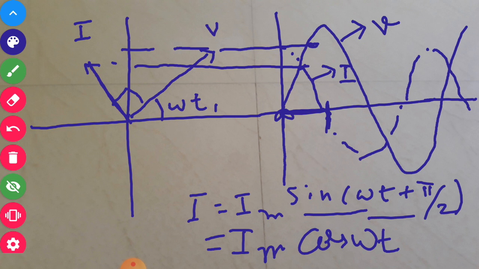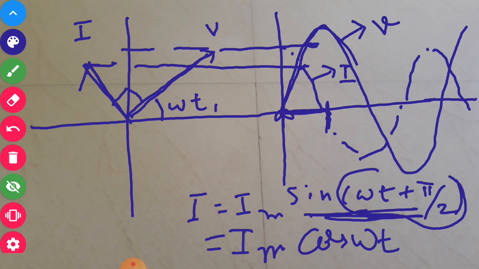So this way, first of all you have to draw the phasor of voltage, then at 90 degrees the phasor of current. So these two phasors are obtained. Now for voltage it is a sine curve only, so we always draw the sine curve for voltage. For current it is sin(omega t plus pi by 2), so it is a cosine curve. The cosine curve begins from maximum, becomes 0, and then goes in the other direction.